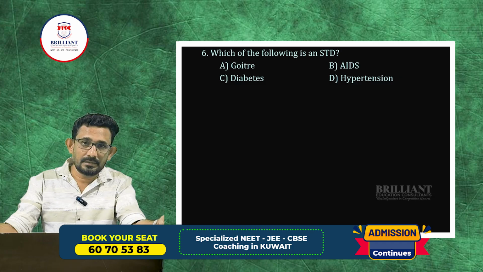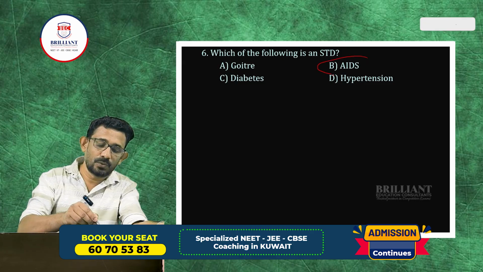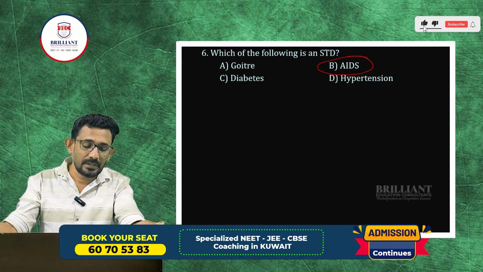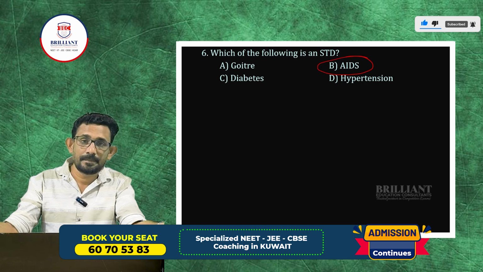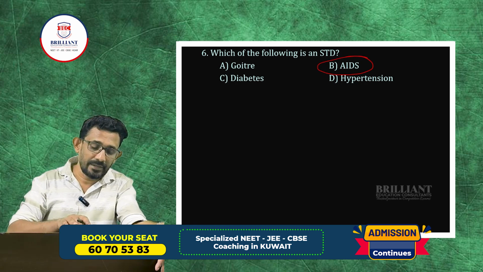Goiter is a hormonal disorder. Diabetes is also a hormonal disorder. Hypertension is a cardiovascular disorder. But AIDS is spread through sexual contact and it is categorized under sexually transmitted disease. So here also option B is the correct answer, AIDS.